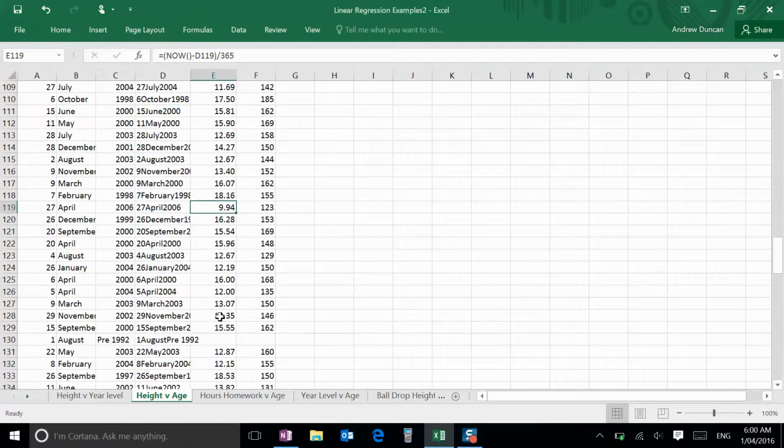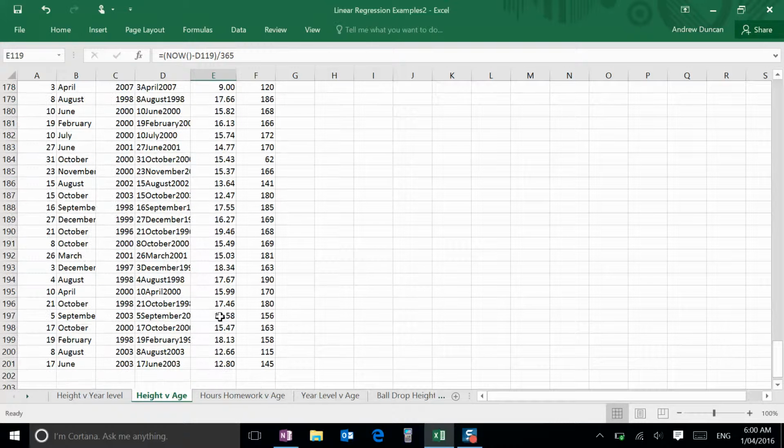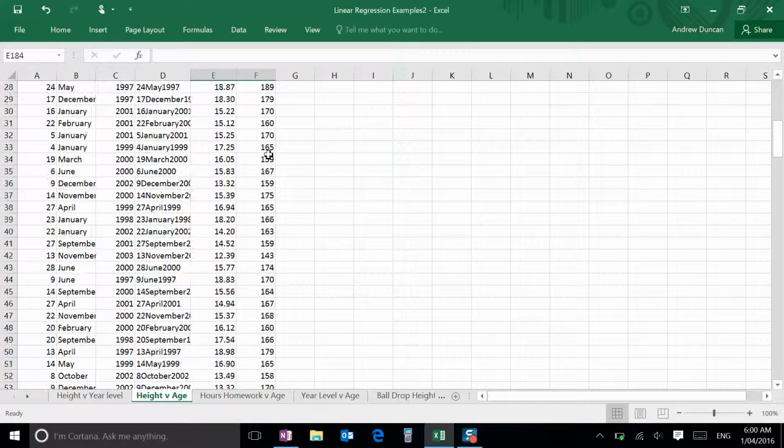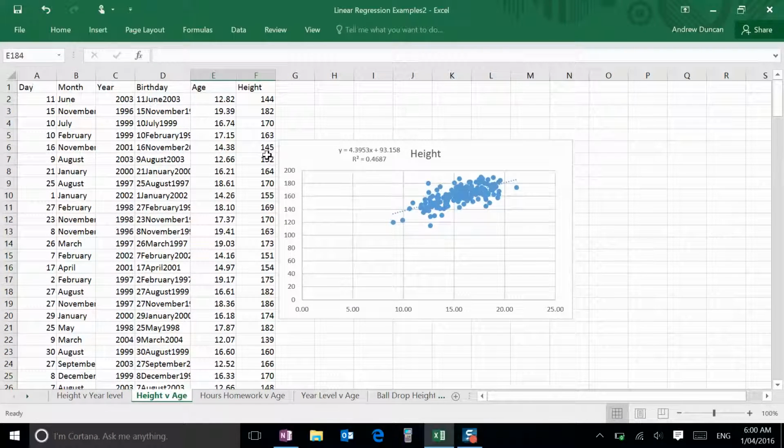I'll get rid of the 60 centimeter person as well. That's probably just outlier data. Maybe someone either just having a laugh, or they might be legitimately really short. But since I removed them, I can see the person's age is a better determiner of their height.